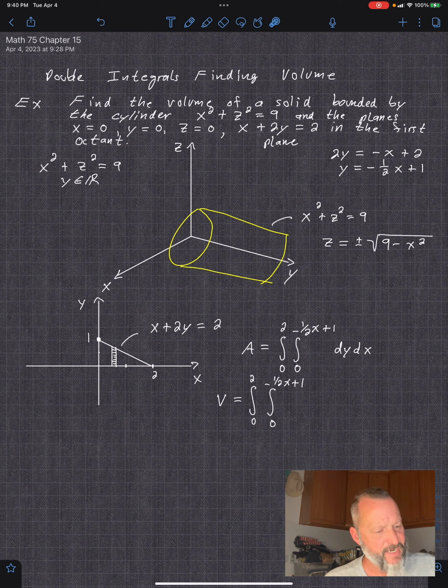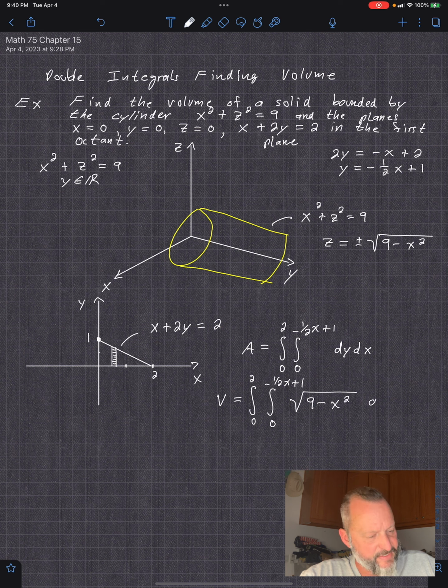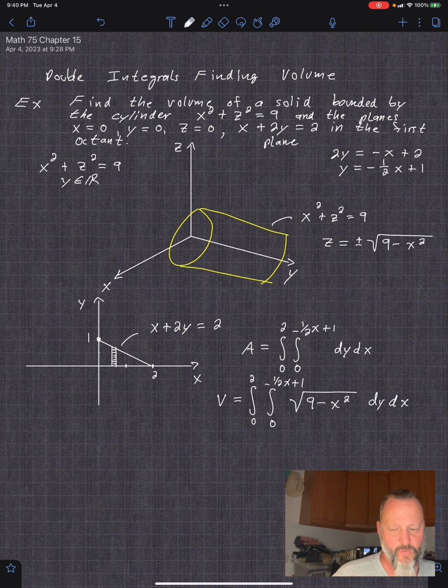So the height now is what? It's the z, and it's the positive half because it's the first octant. So that's what goes inside. It's the square root of 9 minus x squared. And then it's dy dx in that order. So there's your volume.